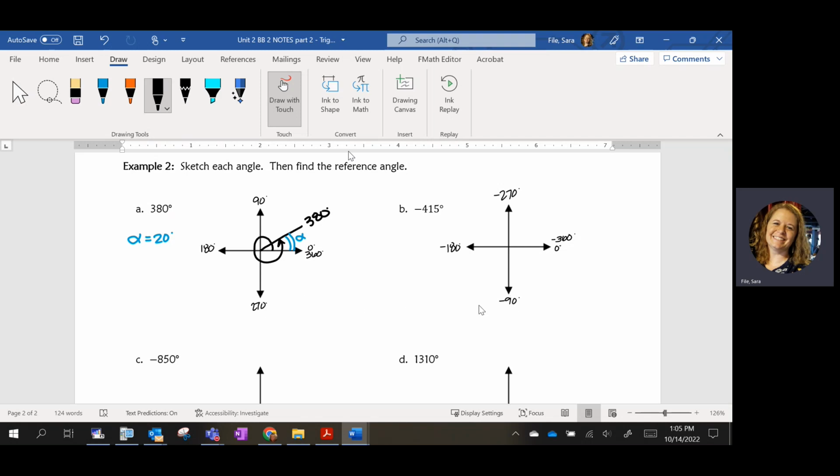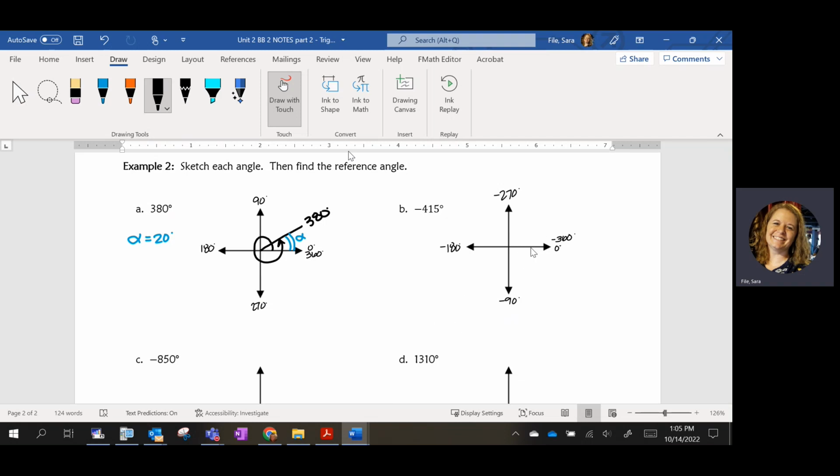What's the relationship? What's that word? Coterminal. They're coterminal angles. If you were to draw out an angle at 270 or at negative 90, the terminal side would be here on the negative y-axis, right? So those are coterminal angles. They stop in the same place and they started in the same place, but they're different measures.